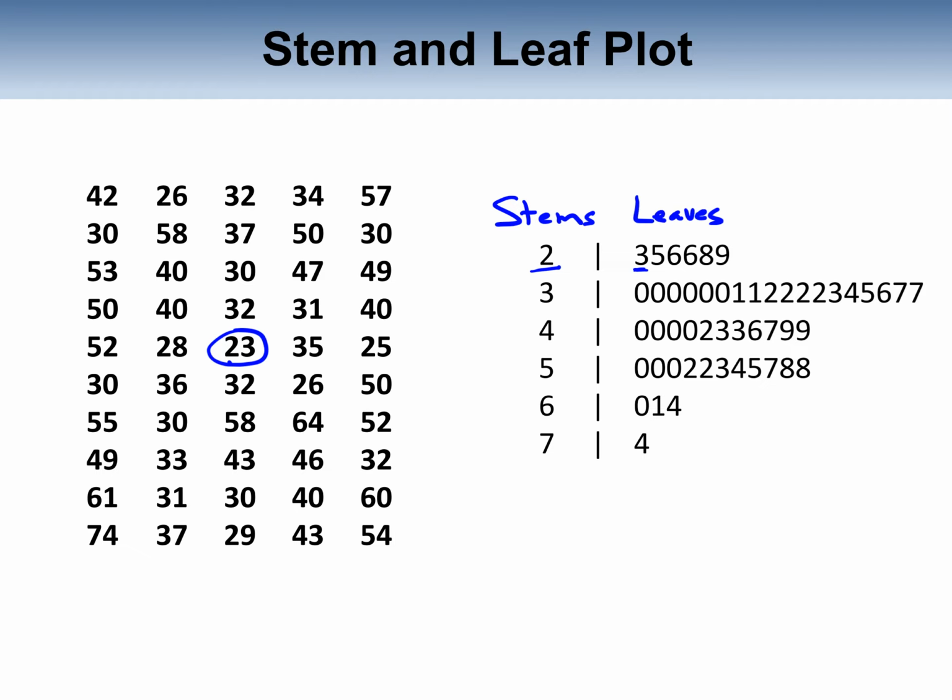Here you can see you have 1, 2, 3, 4, 5, 6 30s. Also, 74 was our maximum, right? So that corresponds to the 7 and then the 4. So these are our class intervals, 2, 3, 4, 5, and 6. Those are our stems. And then the leaves correspond to the last number of the observation in the data set.